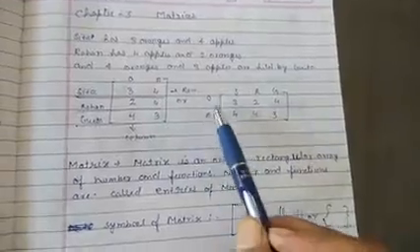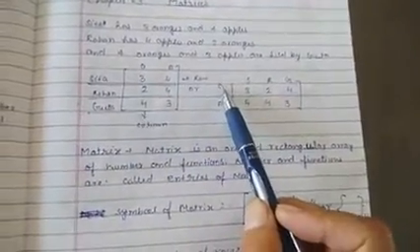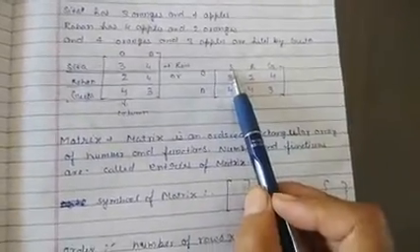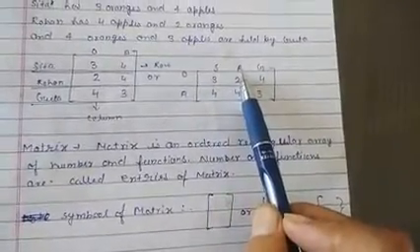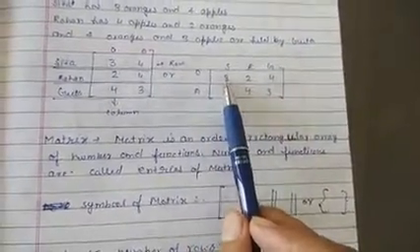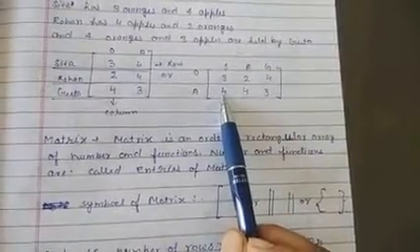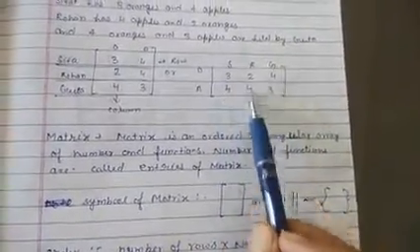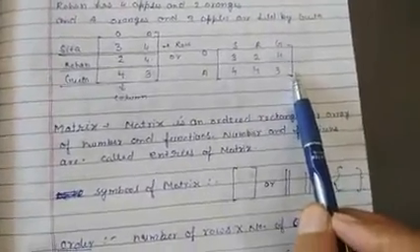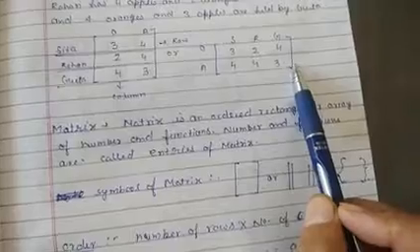Otherwise we can write it in another way: orange and apple. The names of the persons are here: Sita, Rohan, Gita. The number of oranges Sita has is 3, and apples she has 4. So in this way we can write it down, and you can really understand about the matrices.